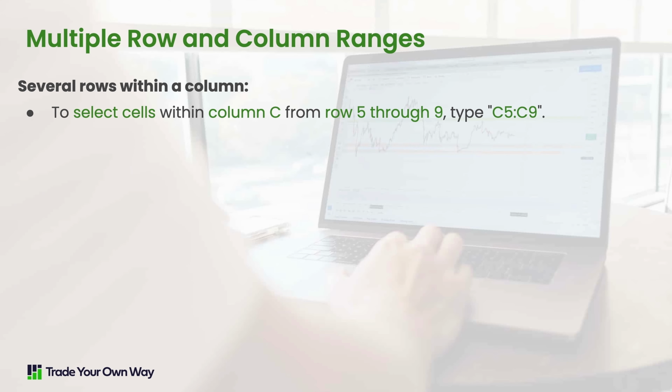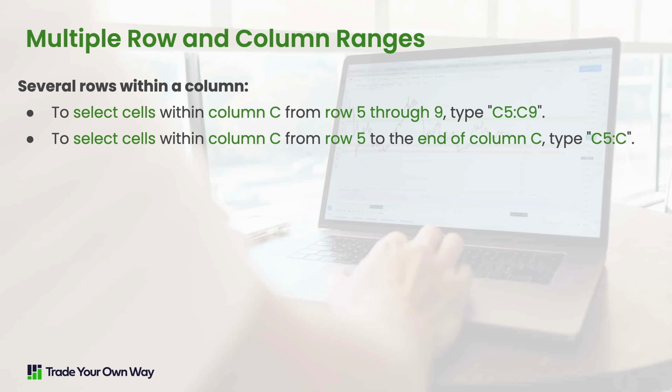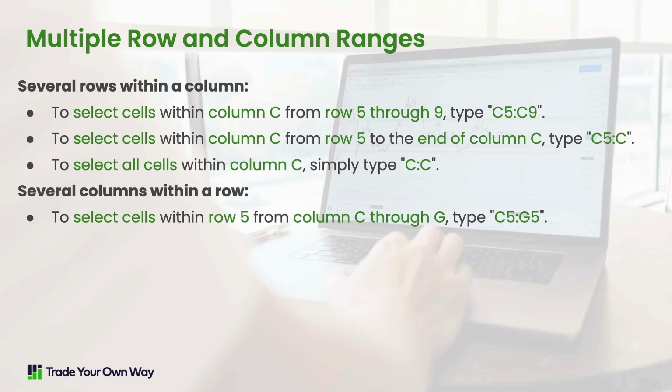To select cells within column C from row 5 through 9, type C5 to C9. To select cells within column C from row 5 to the end of column C, type C5 to C. To select all cells within column C, simply type C to C. To select cells within row 5 from column C through G, type C5 to G5.